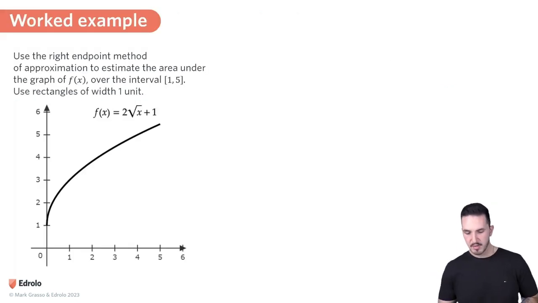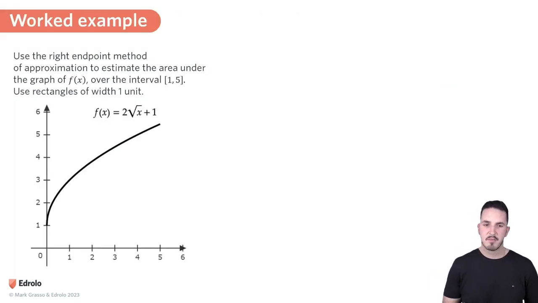In this example, we're going to be using the right endpoint method of approximation to estimate the area under the graph of f of x over the interval 1 to 5 using rectangles of width 1 unit. Generally speaking, you will be given the width to use. In this case, we're given a width of 1 and the interval 1 to 5. The first thing is that we're using the right endpoint method, so we have to use the right endpoint of our rectangle.